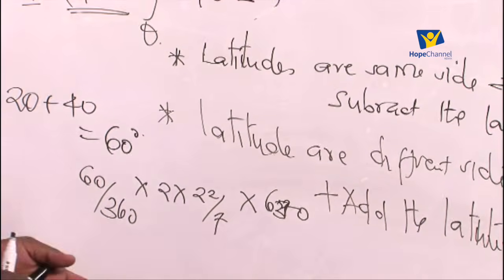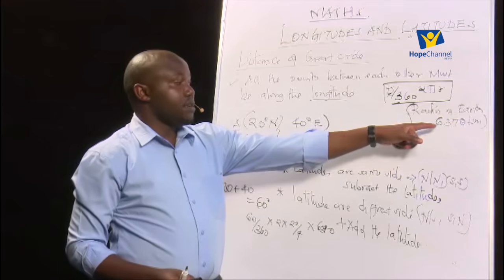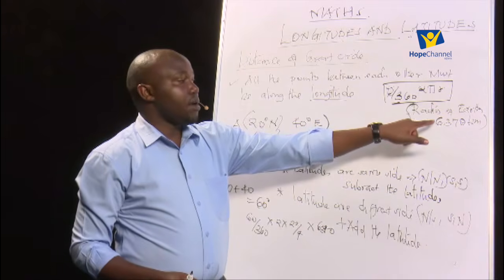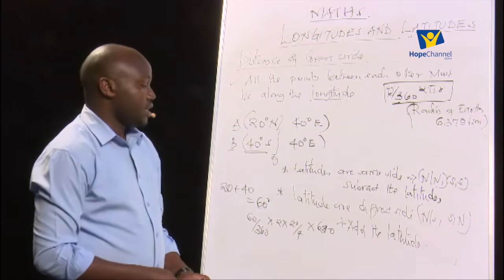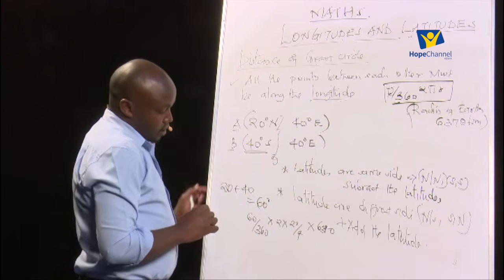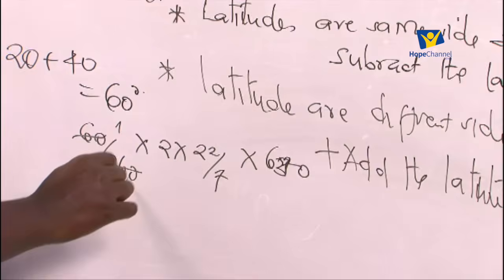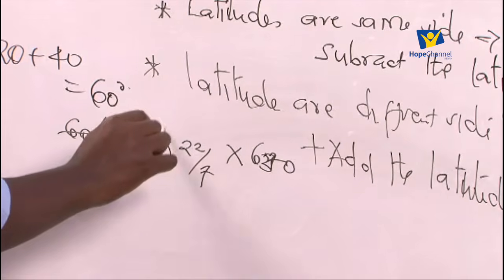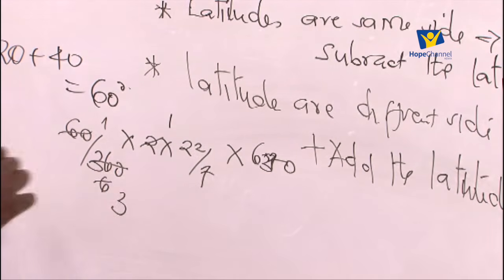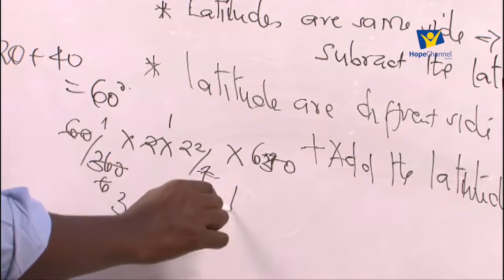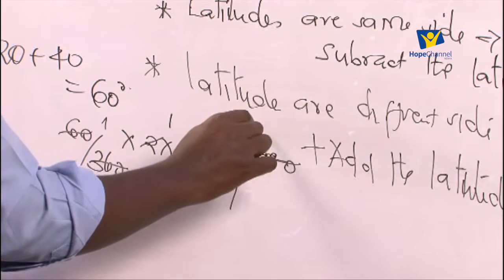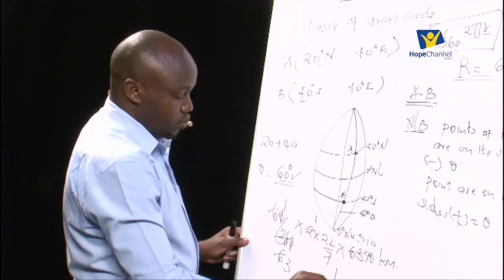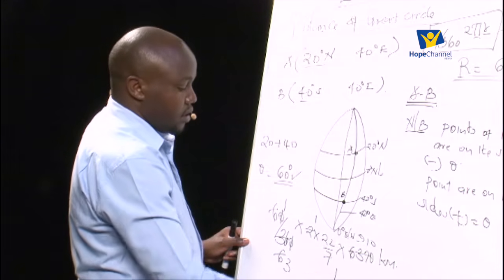I've just said, in case an examiner gives you a different radius, then you use that different radius. If not, then at the back of your mind, you know that the radius of the Earth is 6370. Now let me calculate this one. 60 divided by 6 is 1, 6 over 360... 6 into 60 is 10, so it becomes 1 over 6. 2 over 2 is 1, 7 into 7 is 1, 6370 over 7 is 910. 22 multiplied by 910 divided by 3.